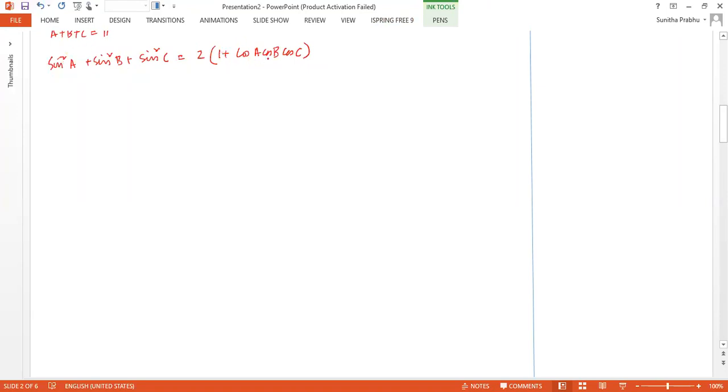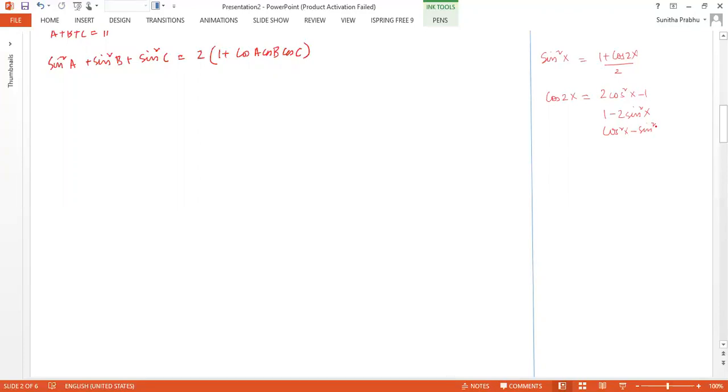Sine square A, how can I make it into cos A? So you can use the formula: sine square x is equal to (1 plus cos 2x) by 2. Okay, good job. What you're telling me is, you just now discussed in the previous sum that cos 2x has 3 forms: 2 cos square x minus 1, 1 minus 2 sine square x, and cos square x minus sine square x.